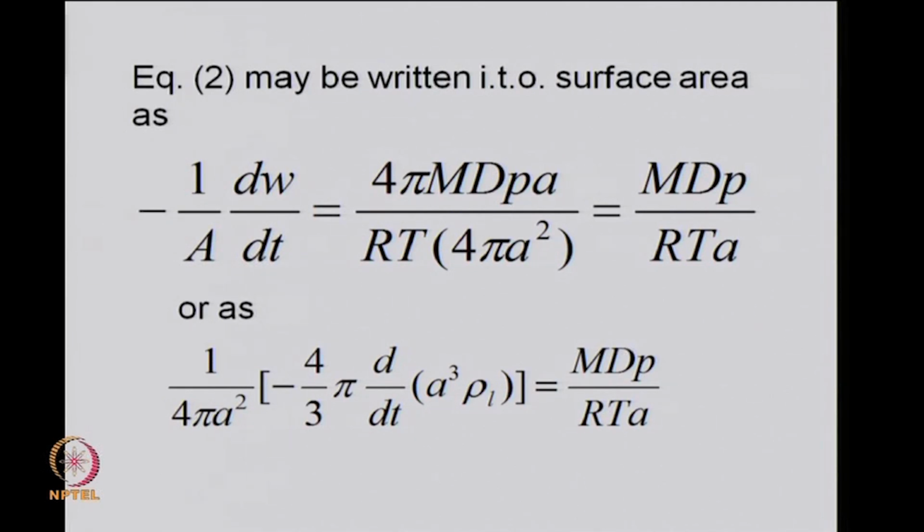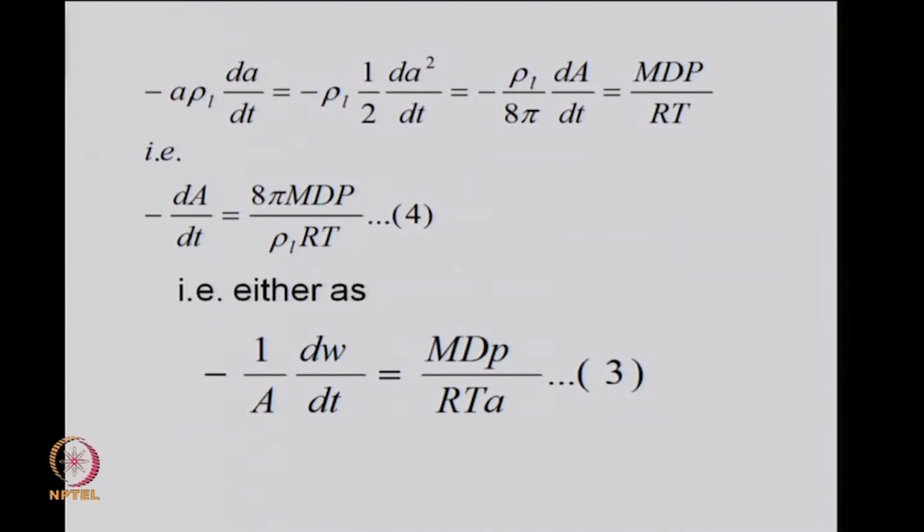So, 4/3 pi A cube is the volume, 4/3 pi is constant, so taken out, d by dt of A cube rho L, that will be equal to mdP by RTA, right, or that could be simplified.